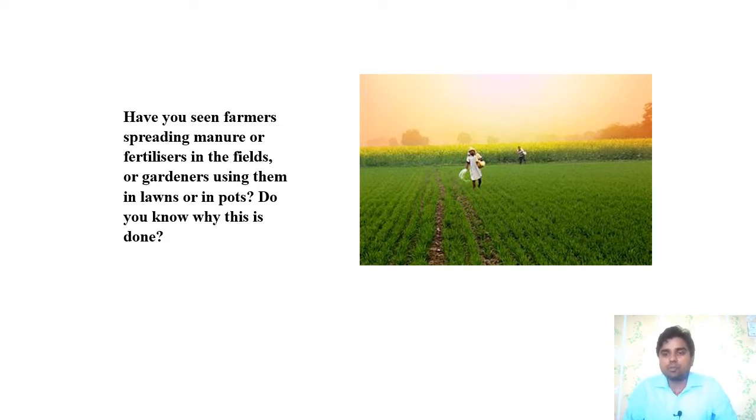So we have to add something to the soil so that the nutrients are replenished. In this image we can see that a farmer is putting something to the field. Do you know what the farmer is putting in this field?